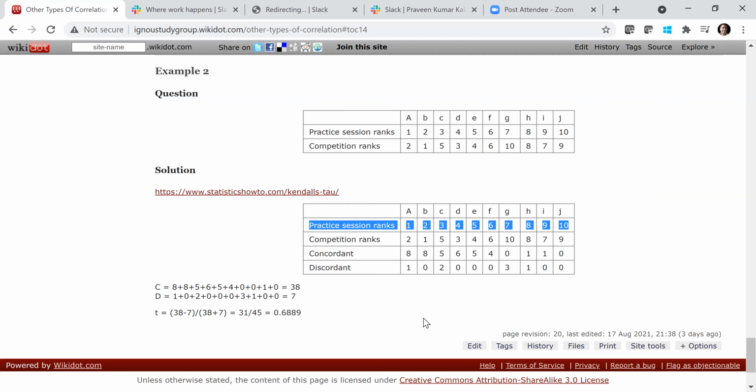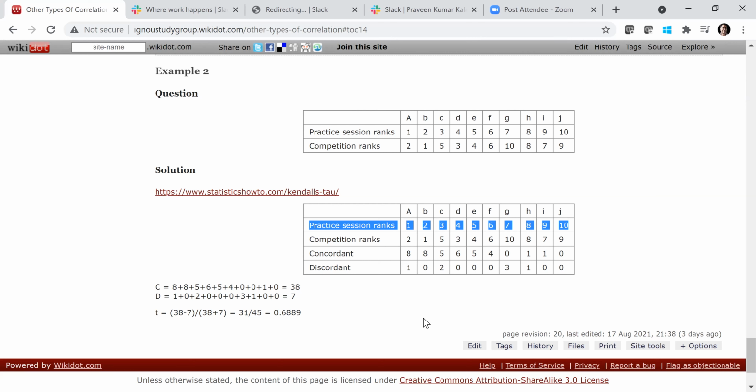So if at all one pair of ranks is to be modified in ascending order, then we'll have to put the second ranks list also according to the first one. Exactly, because you are going to match the rank of student G with the rank of student G only, right? You are checking G's practice session rank and competition rank. So you are talking about pairs here, right?